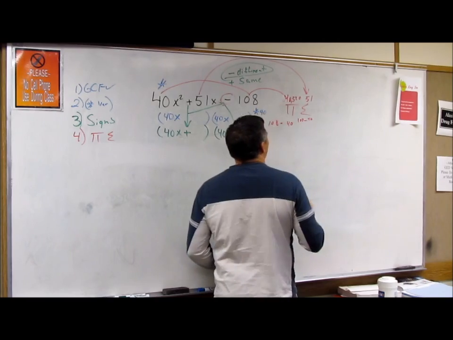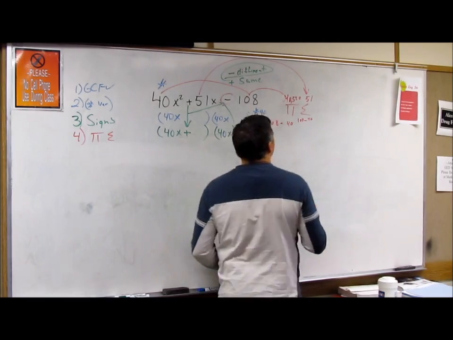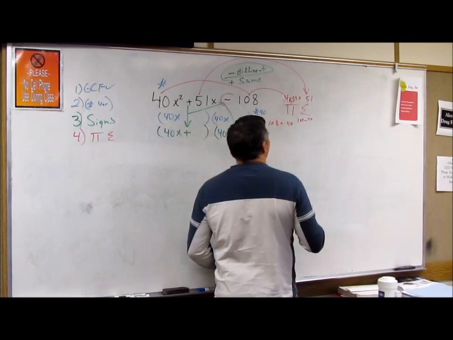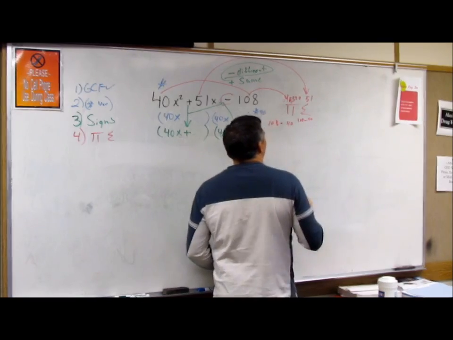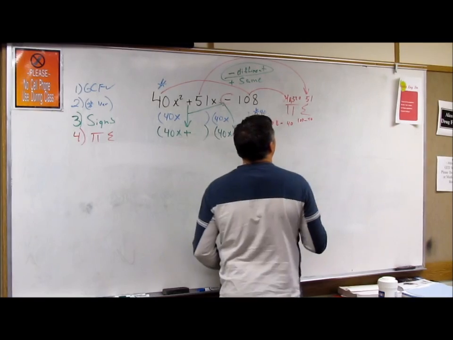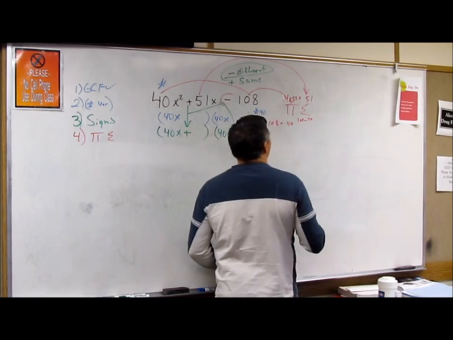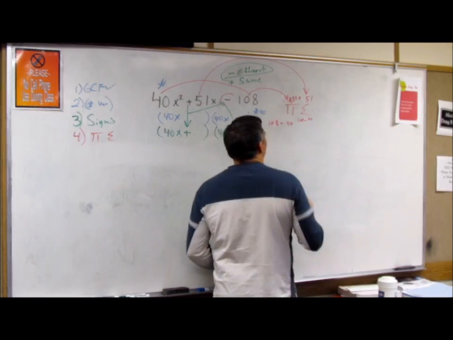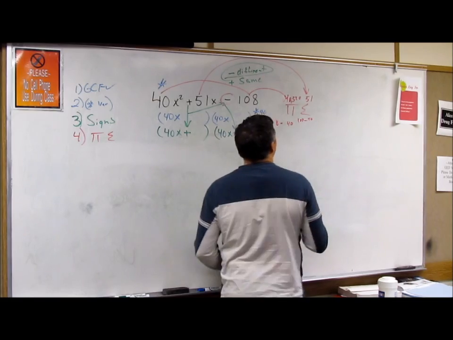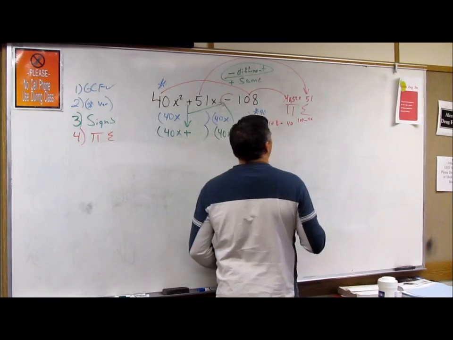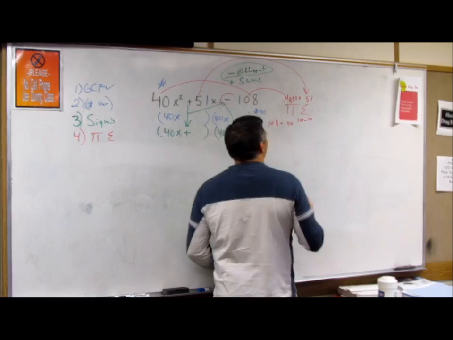All right. By the way, the 50 went in there 86.4 times, right? So 86.4 minus 50 would put us at 36.4.